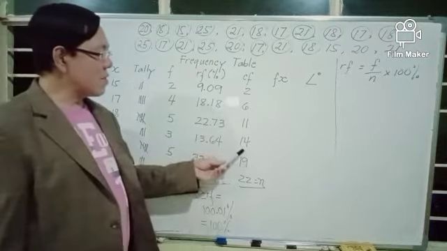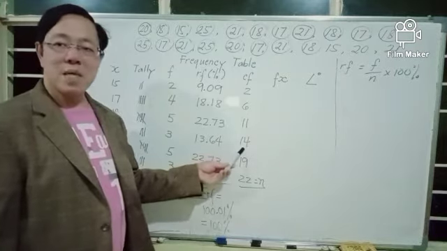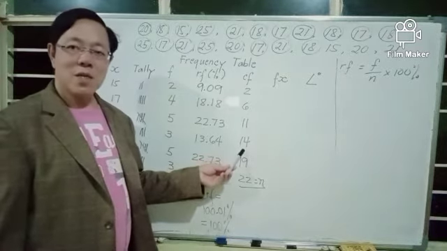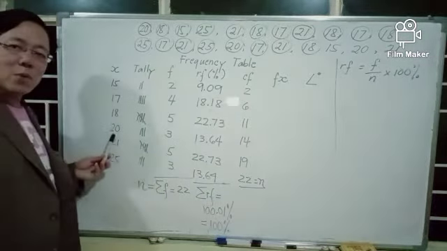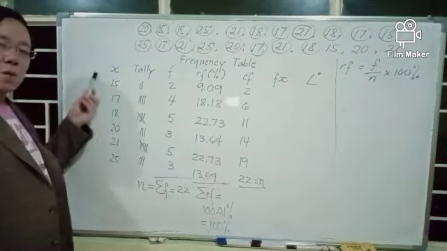Now, the cumulative frequency of 14 means that there are 14 students with scores of 20 or below.